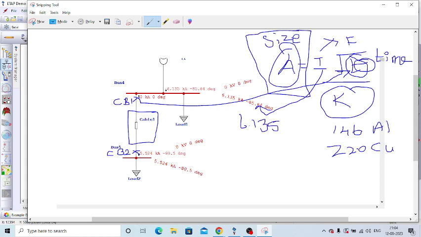If it is aluminum cable, 146, and copper cable, 220. I is the fault current, and time t is the circuit breaker operating time. Normally it will be 0.4 seconds or 0.6 seconds, based on the coordination curve; this time depends. Based on that we have to calculate the minimum size, the square area. The cable selected in this location has to be equal to this size or higher, so that the particular cable can withstand this fault current.